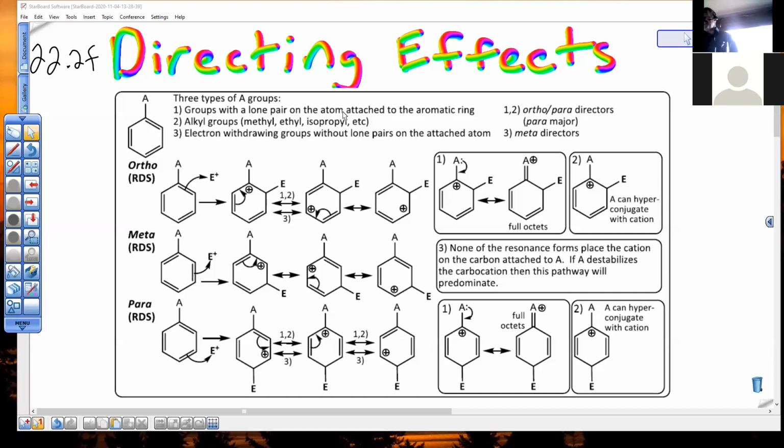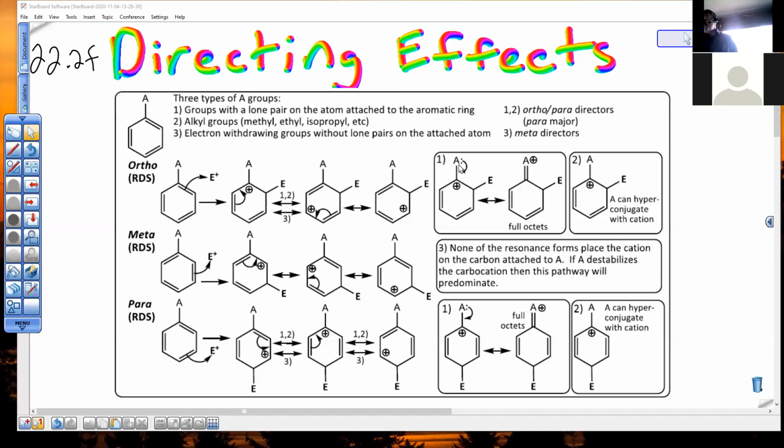Groups with a lone pair on the atom attached to the aromatic ring can resonate with the carbocation, and I showed that here. This is group 1, group with lone pair, resonating. This is a very nice resonance form. All the octets are full. Yes, you still have a charge. That's a bad thing, but all your octets are full. Here you had an octet violation with the carbocation. So that is a very nice position if the A group has a lone pair.